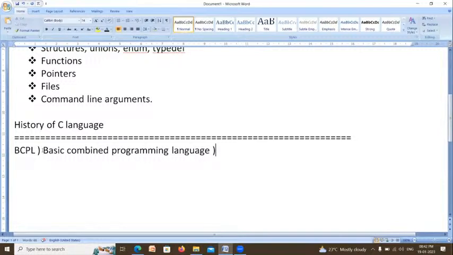BCPL stands for Basic Combined Programming Language. It was developed by Martin Richards.